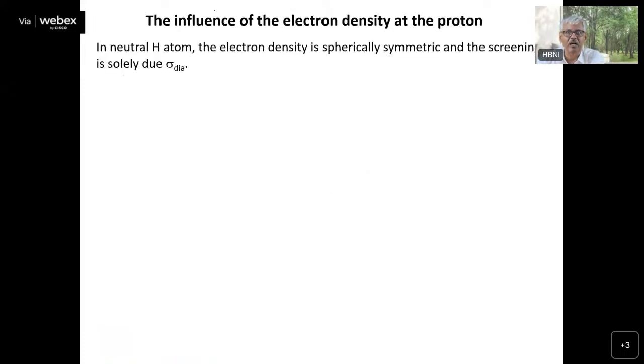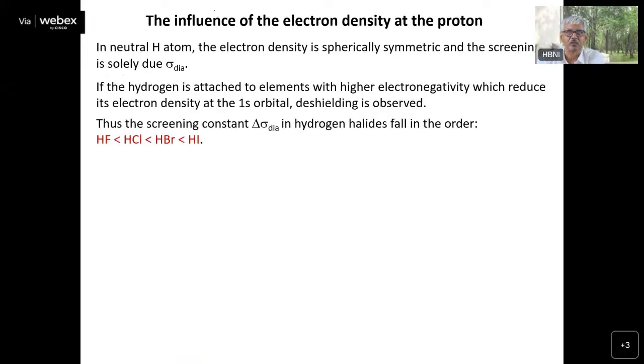Now let us see how the electron density around the proton affects the chemical shift. If you consider a hydrogen atom, the effect comes solely from the electron density of the hydrogen, and it is solely a diamagnetic effect. But when it is attached to another atom, it depends on the electronegativity of that element.